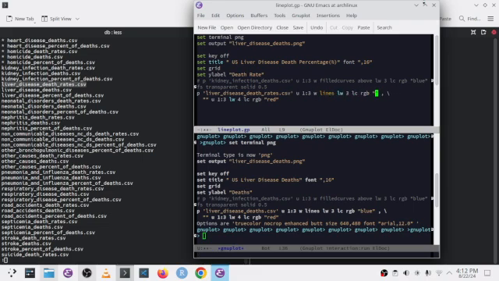So let's change this to red. You know, variety is the spice of life. So let's just reverse the colors.